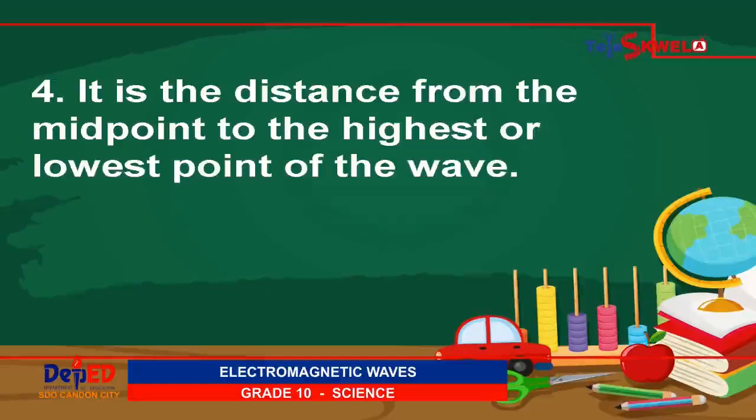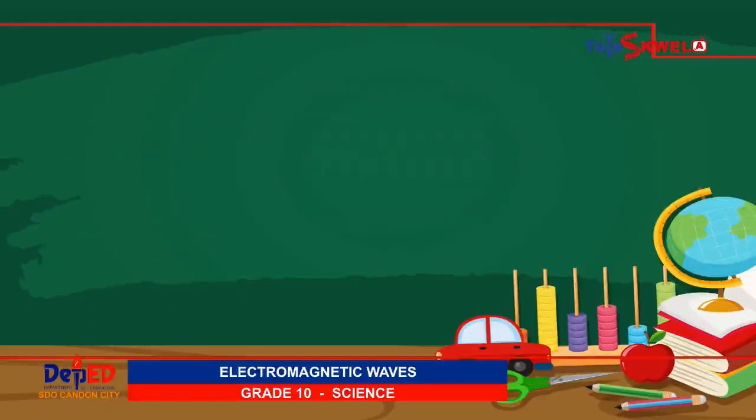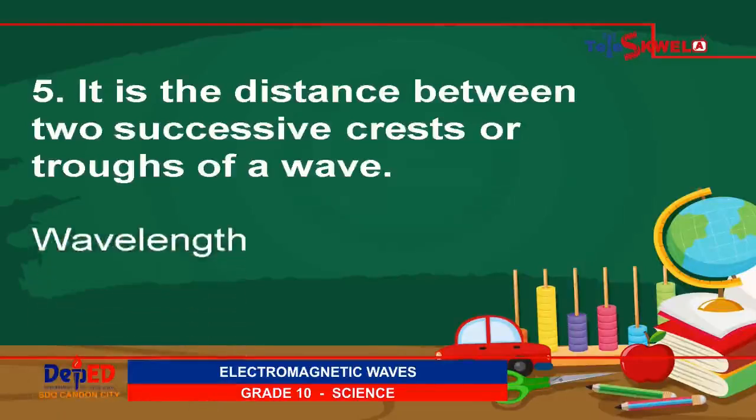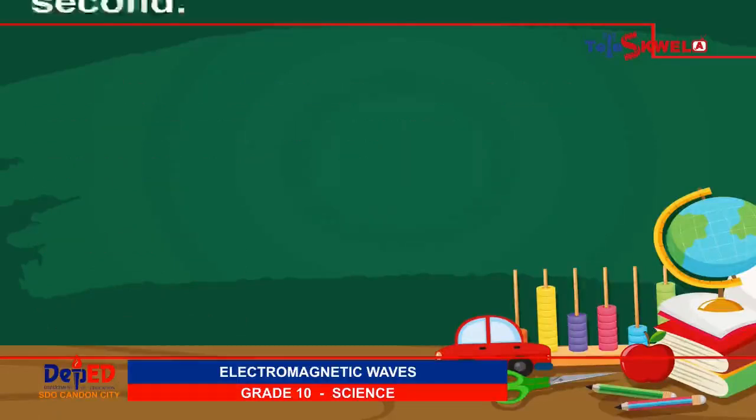And of course, the answer is amplitude. Next, number 5. It is the distance between two successive crests or trough parts of a wave. The answer is wavelength. Very good.